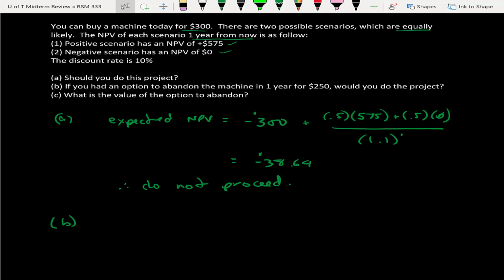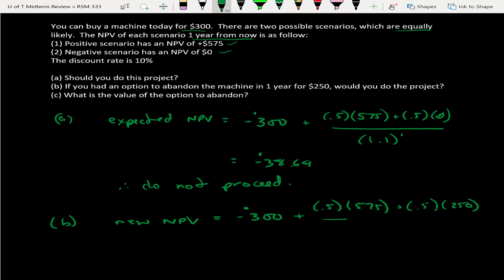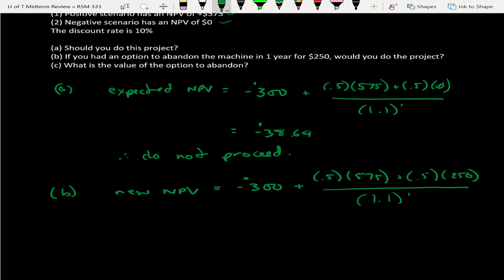So now the new NPV is going to be still the negative $300 that you pay for the machine, but you got a 50% chance of getting 575 if you're successful, and a 50% chance of getting 250 if it's a failure but you abandon it, and you divide it by 1.1 to the power of 1.